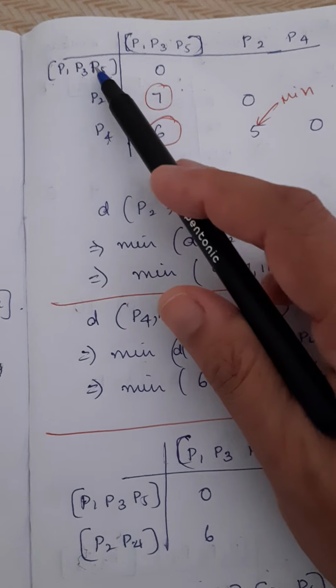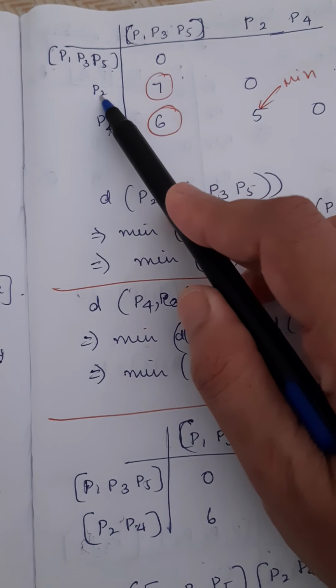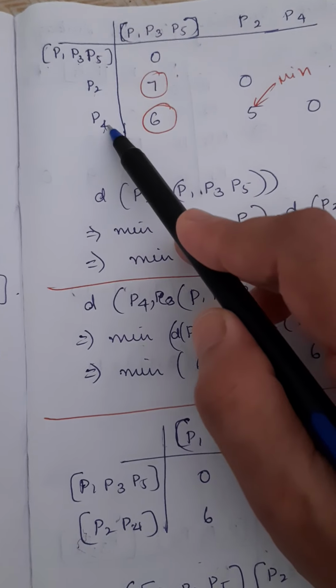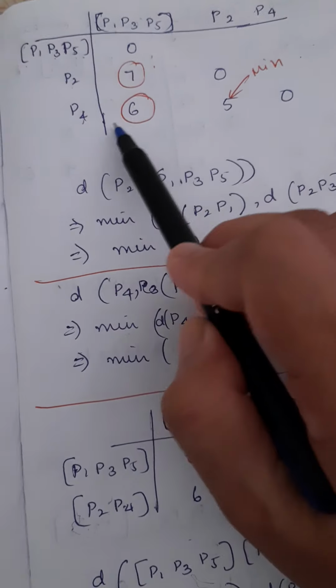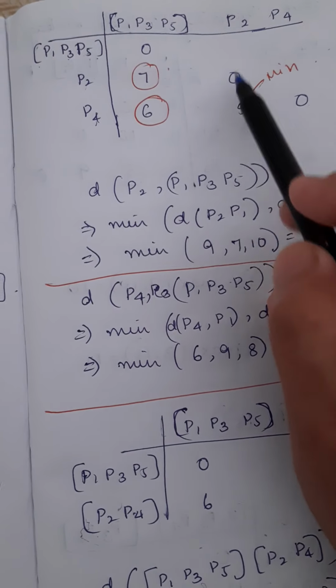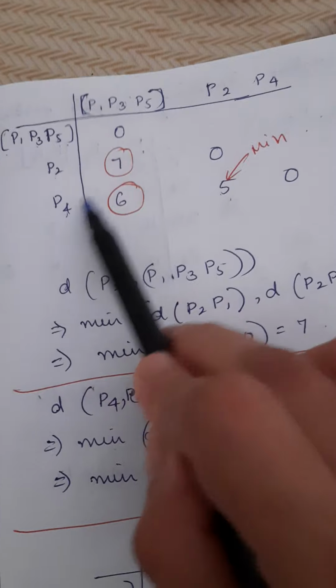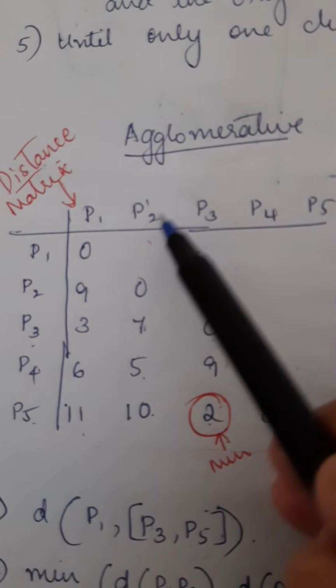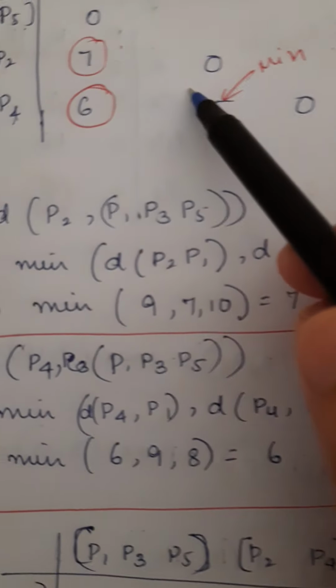Now you are going to find the distance between P2 and P4. The diagonal elements will be 0, you know that. P4 and P2 distance from the original table is 5. So I will put the value of 5 as it is.